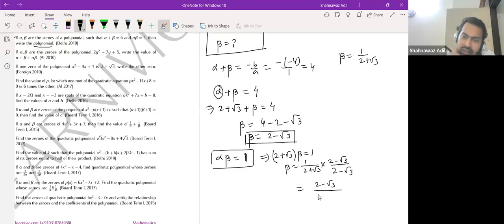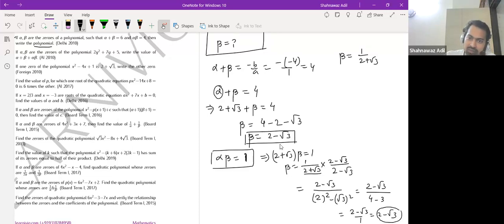So understood, Amar. So this would be 2 square minus root 3 square. Right. So this is 2 minus root 3 divided by 4 minus 3. Again, so this is 2 minus root 3 by 1, which is 2 minus root 3. So now is it similar? Yes, sir. Right. So now this is consistent, right?